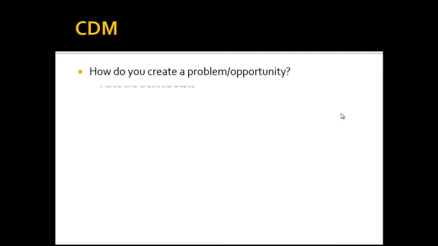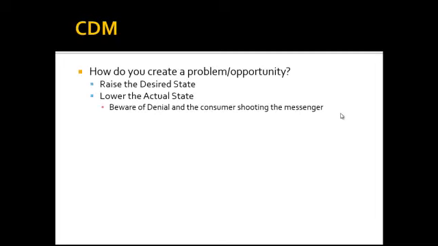So there are basically two ways to create a problem or an opportunity. Raise the desired state. Make the desired state even higher so the person feels like, gee, I wish I was up there. The second way is to lower the actual state. Make the consumer feel he or she is not doing as well as they thought they were.